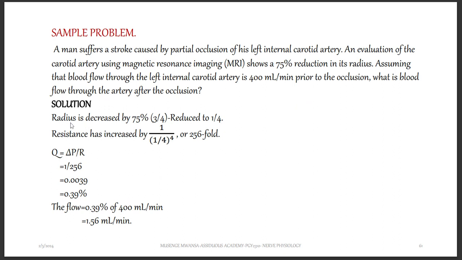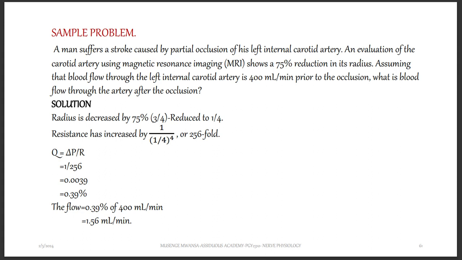So first we calculate the resistance. Resistance is given by Poiseuille's equation, but we're only interested in the radius because that's the only thing that has been given to us. And we know that resistance is 1 over radius to the power 4. But here in this question, the radius has been reduced by 75%. 75% is the same as 3 quarters.